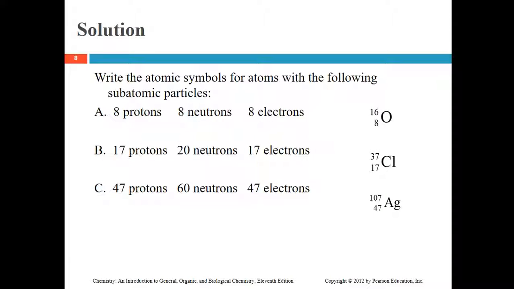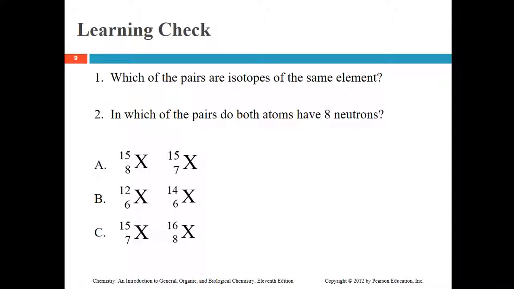And so you will notice, as we do it on our next slide here, that we can do it that way, or technically we could have just had 16 next to the O, 37 next to the chlorine, 107 next to silver, because the 8 on O, the 17 on Cl, and the 47 on Ag is understood.